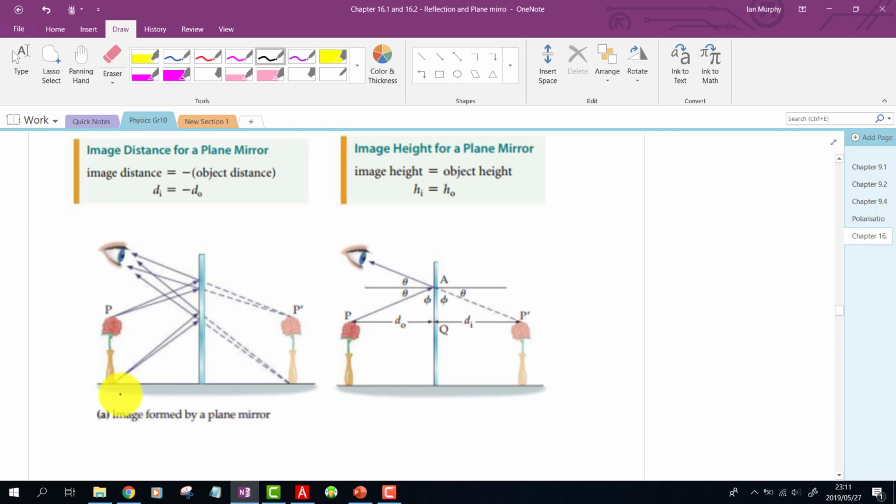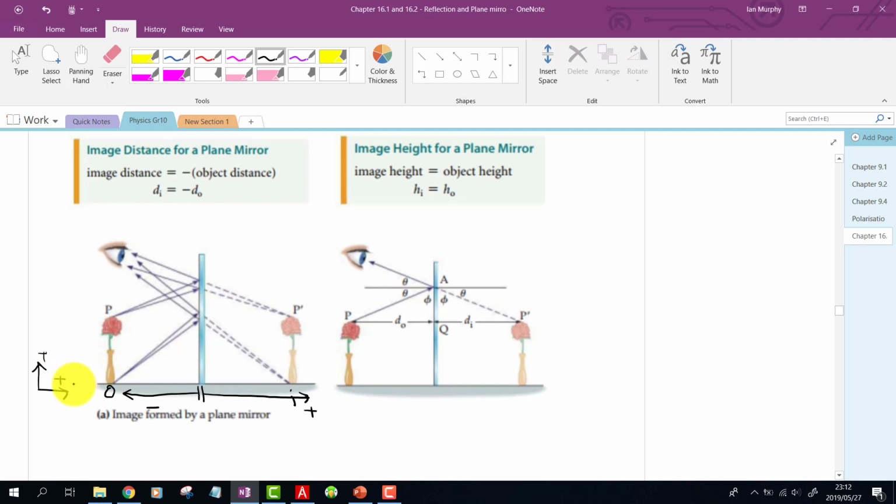So this is the object, this is the image, and the distance to the image is positive. That means that anything in the opposite direction, so if we take a distance going from here to here in the opposite direction, this has to be negative.